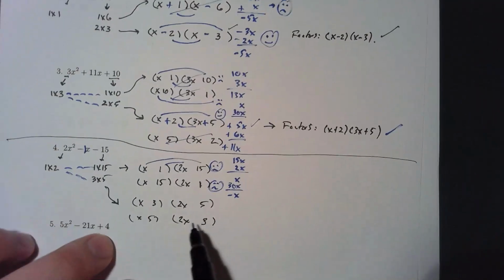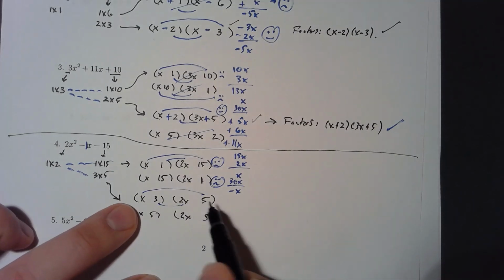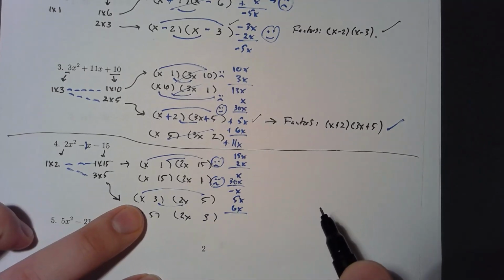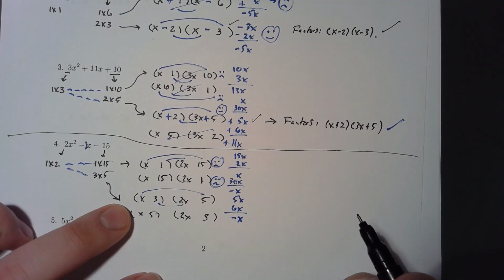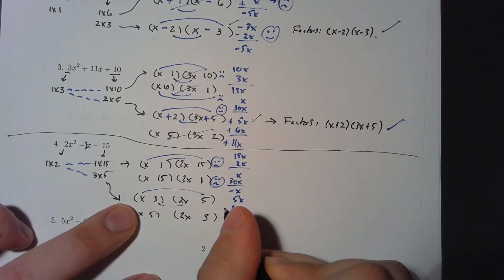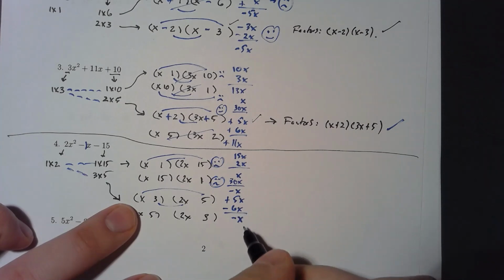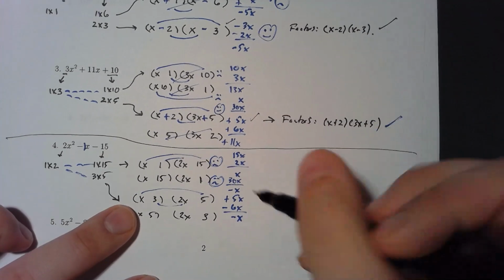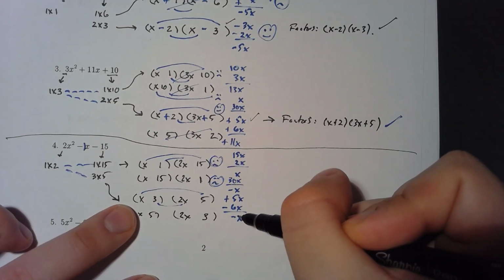Alright, let's go to this one. So outside, inside. So 5x, 6x. Can I get -x from that? I could. If this one's negative and this one's positive, right? If I add them together, I'm going to get -x. Because if you do the math on it, 5 minus 6 is -1, right?